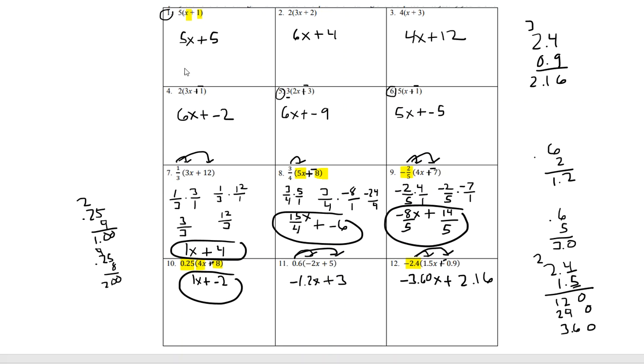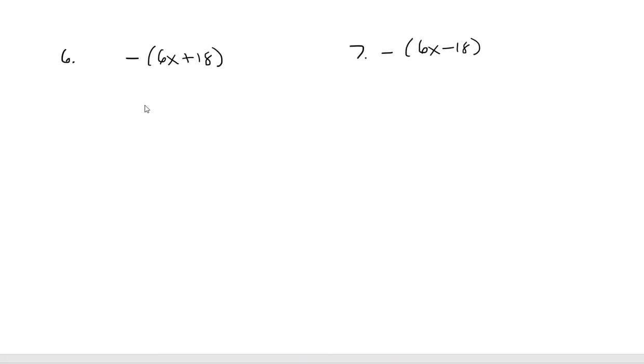So look at number 6 on this practice sheet. You'll notice that you have a negative sign in front of the parentheses. And there's no number right next to the parenthesis, but because there is this negative sign right next to the parenthesis, this negative sign actually has to get distributed to both of the terms inside the parenthesis.